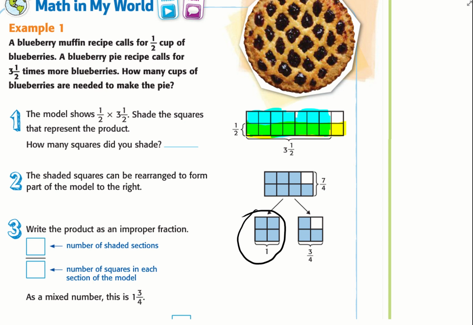So if you notice, what's highlighted twice is that little section, the green section, because I highlighted the green half area, then I highlighted 3.5. So how much should I shade? That's 1 3/4.